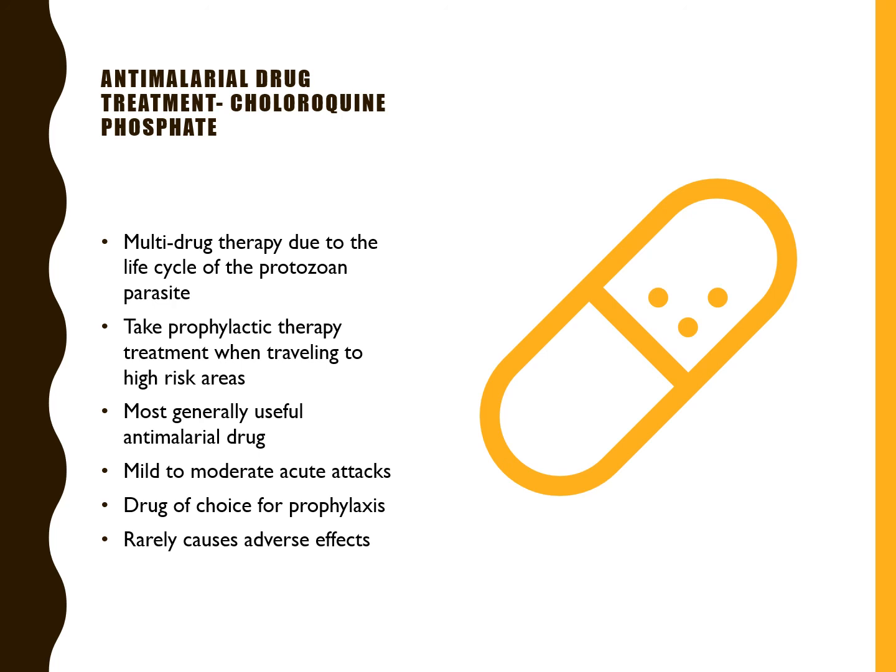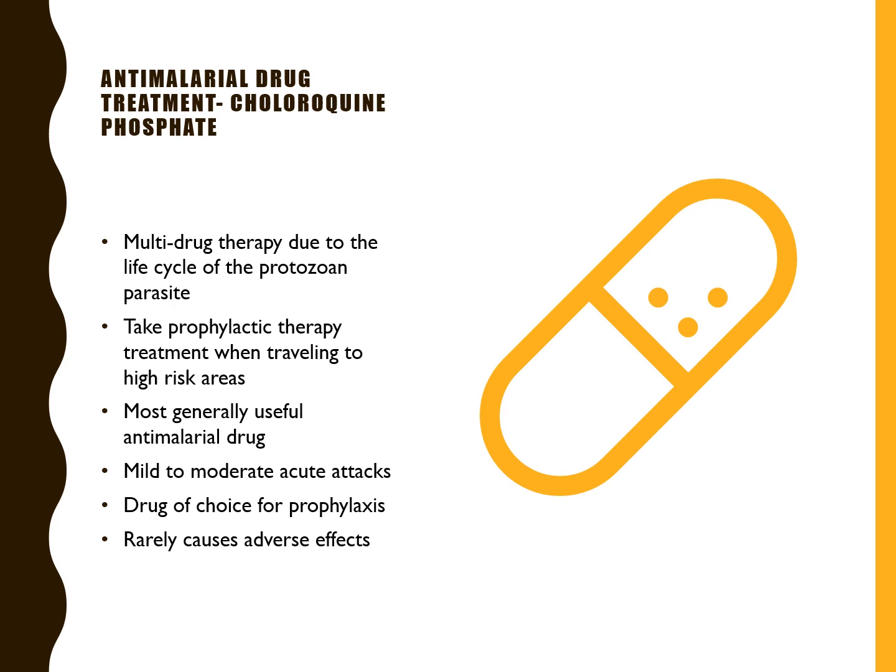Let's say we use it to treat an acute attack, which is usually what this chloroquine phosphate is used for. Just know that during that acute attack, the parasite will go down into the liver and will remain there.